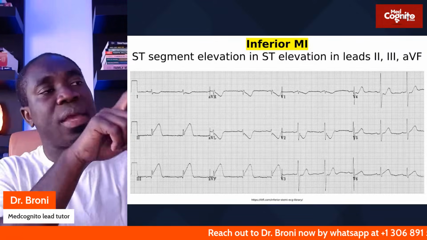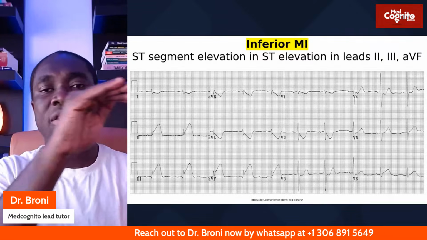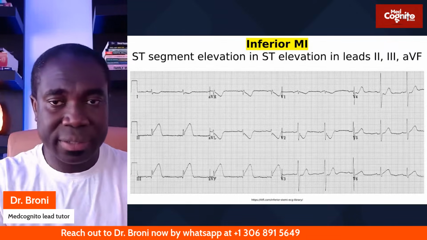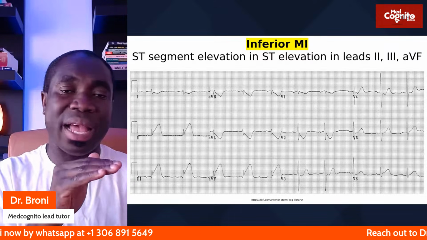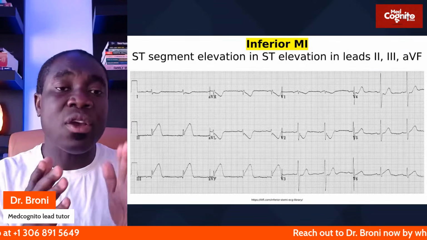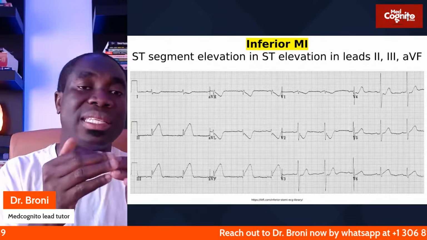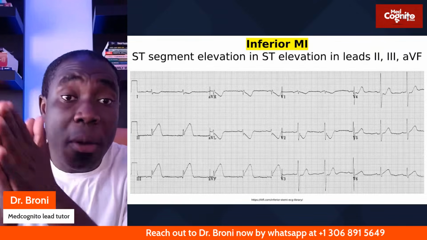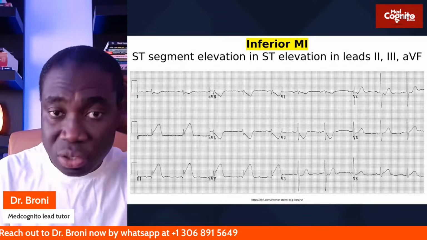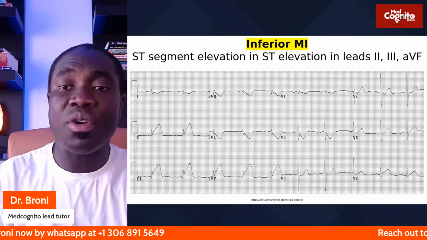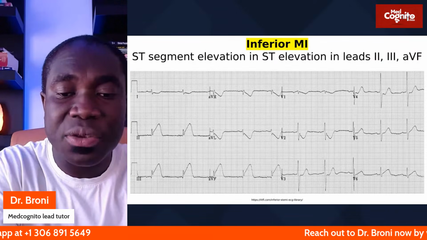Number 1, anterior MI. Then you list the leads which are affected. Inferior MI. Then you list the leads which are affected. Anteroseptal MI. Then you list the leads which are affected. Posterior MI. You list the leads which are affected. Widowmaker MI. You also list. So please, that's the assignment. Okay. I'm going to type it in the comment section. Anterior MI.